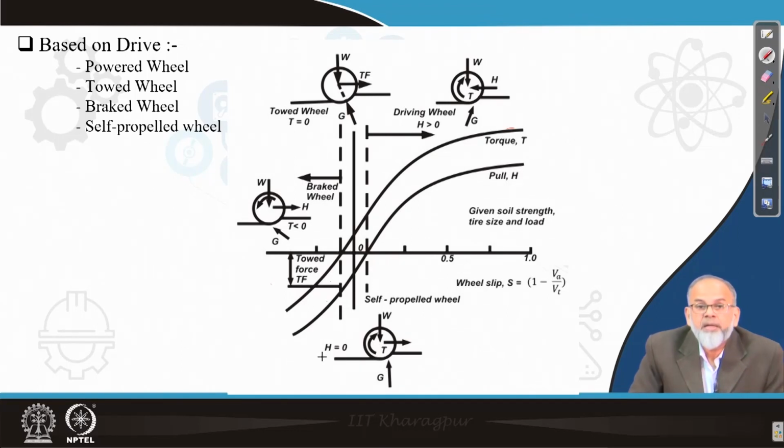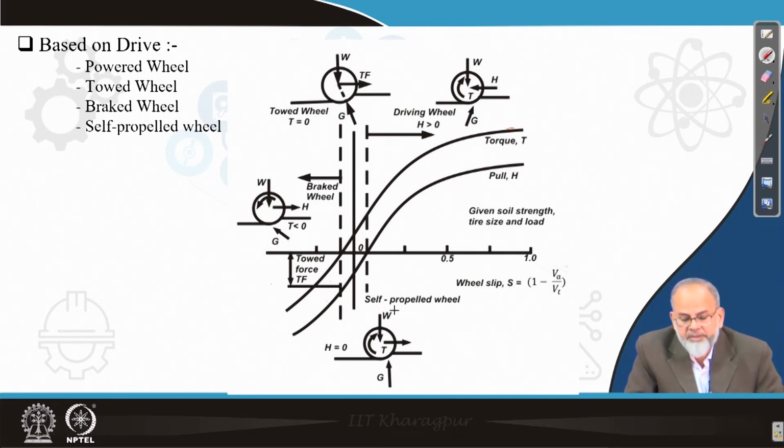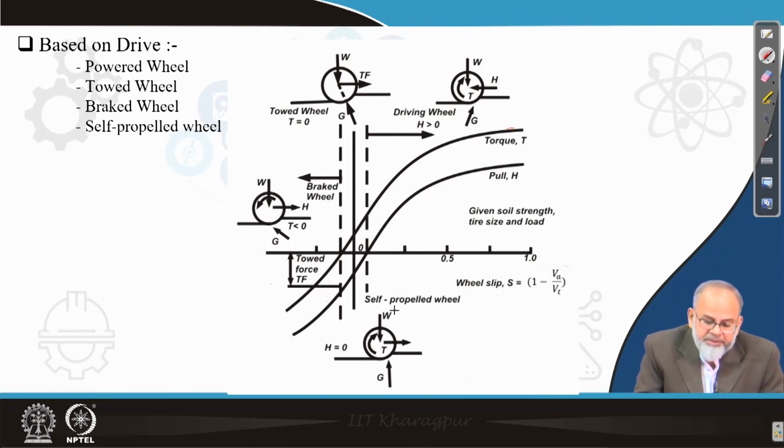This point refers to the self-propelled condition. The best examples of self-propelled wheels are the tires of cars, buses, trucks, etc.